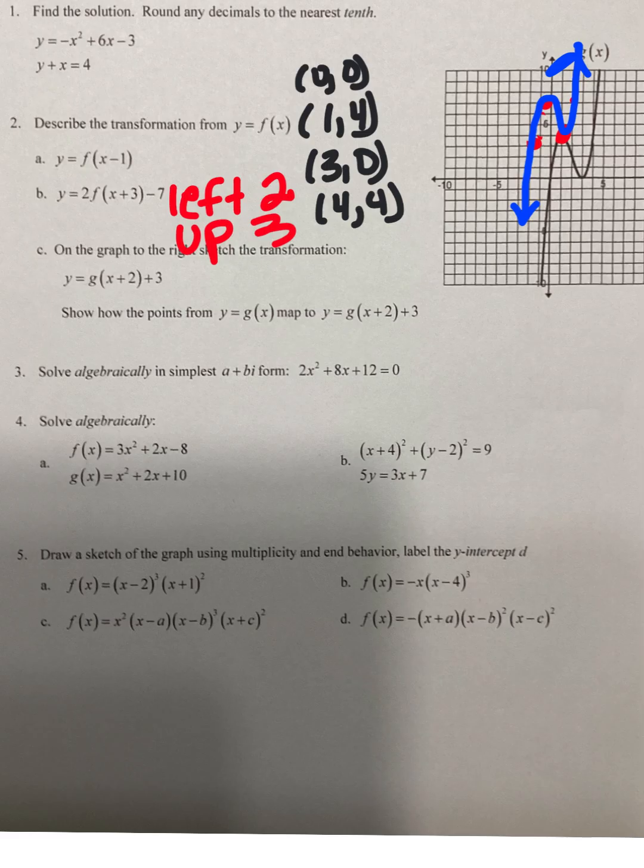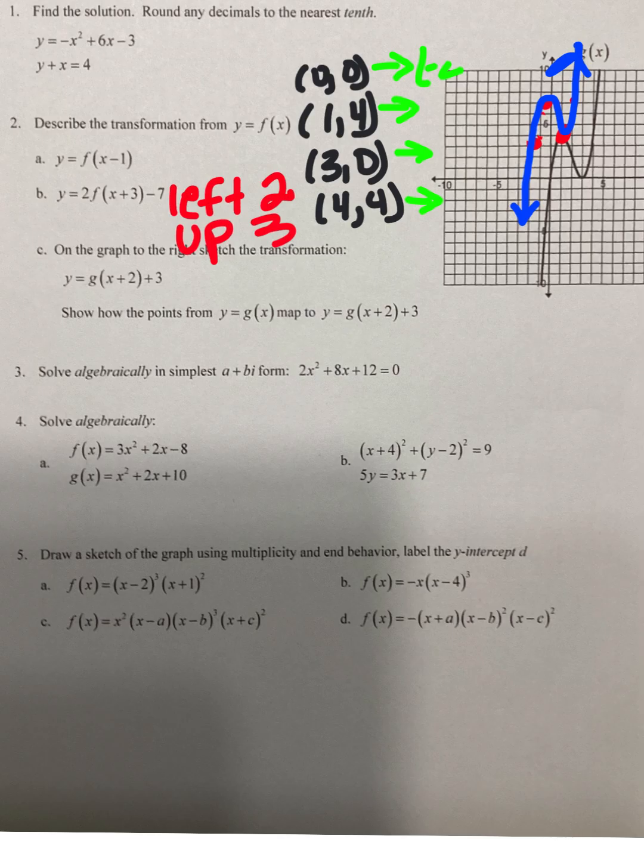All right, and then I mapped them to my new points. All right, so 0 went, remember 0 went left 2, up 3. So that went to negative 2. I don't really like this green color. I'm going to change it.